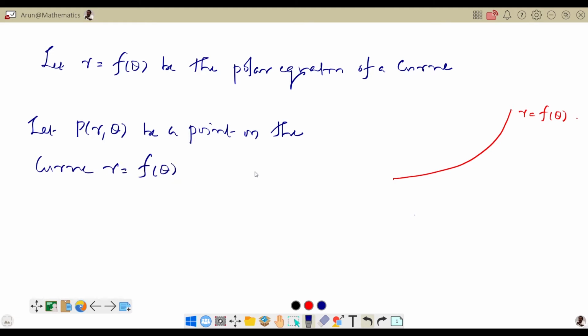So suppose that you have a point P(r, theta). Let O be the pole or the origin and OX be the initial line.